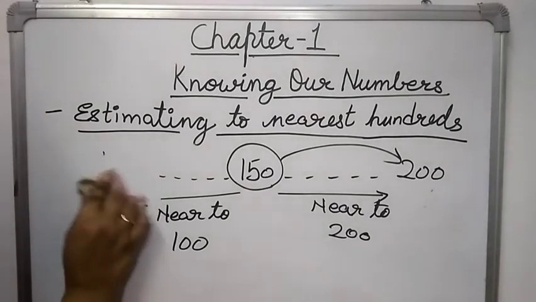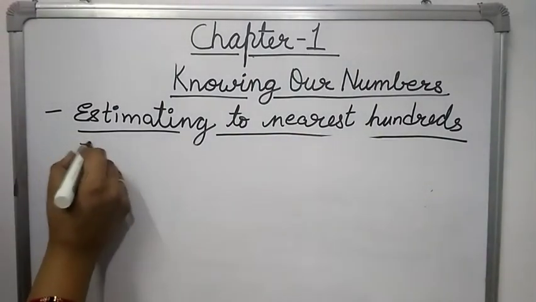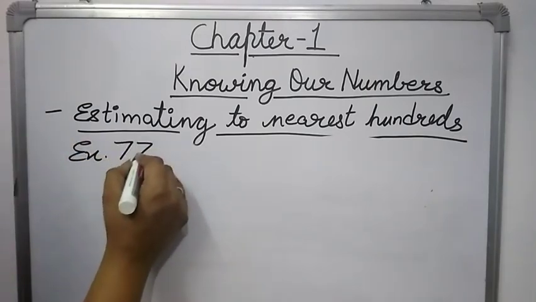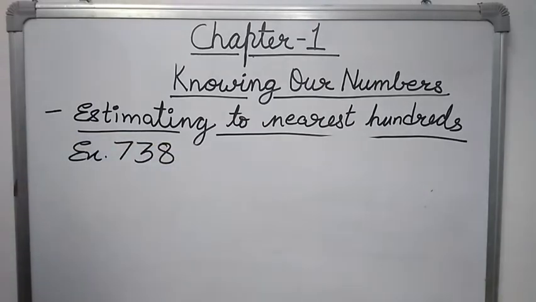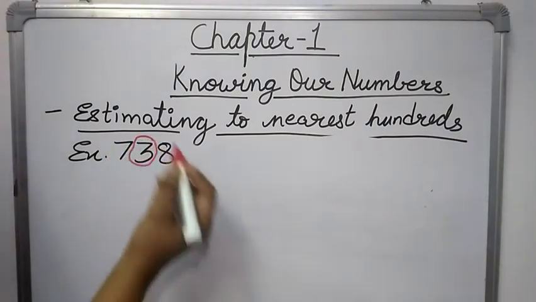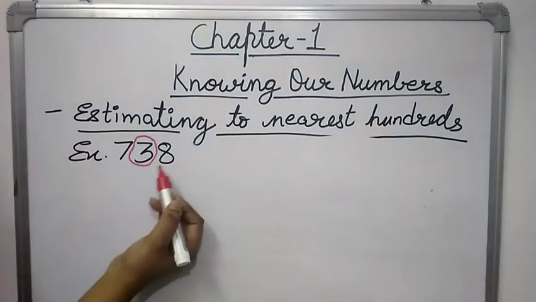Let's take examples for this also. I'm taking the same example, 738. Now it needs to be estimated to nearest hundreds. For nearest hundred, we will look for the digit which is at tens place. When we were estimating to nearest tens, we were looking for the digit at units place.